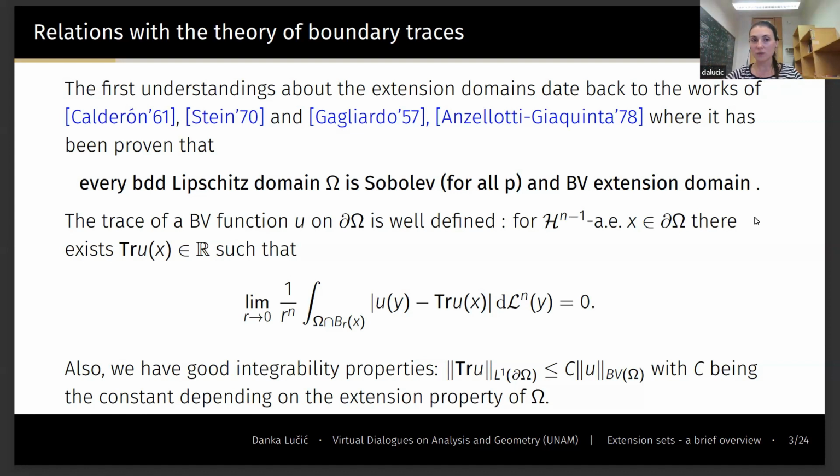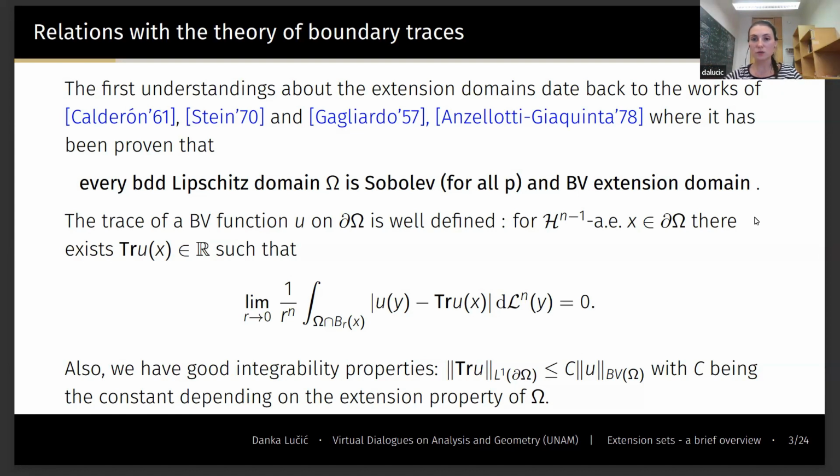And once we have a bounded Lipschitz domain, and we know that it is an extension domain, then one can show that we can define the trace of a given BV function on the boundary of Ω.